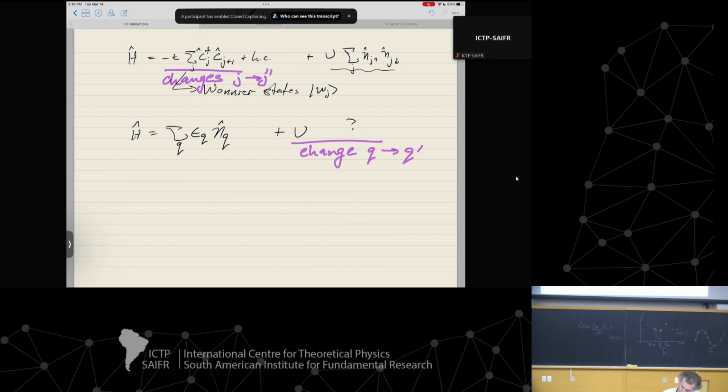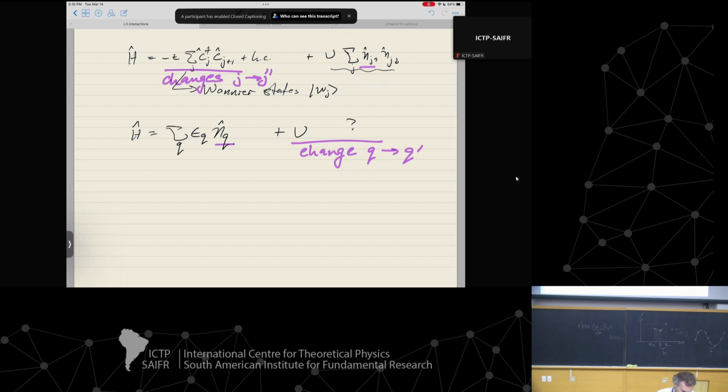Whereas in this case, for the interaction, we had just number operators, so we could count the number of either localized states in this case, or we could count the number of momentum states here. The reason we expect some kind of change to occur is because we know the interaction energy is not diagonalizable in momentum space. It's diagonalizable in position space, so it must be somehow delocalized in momentum space.